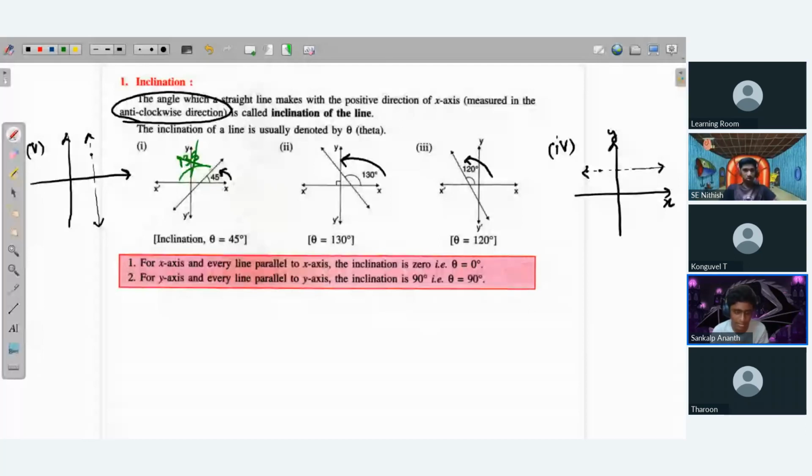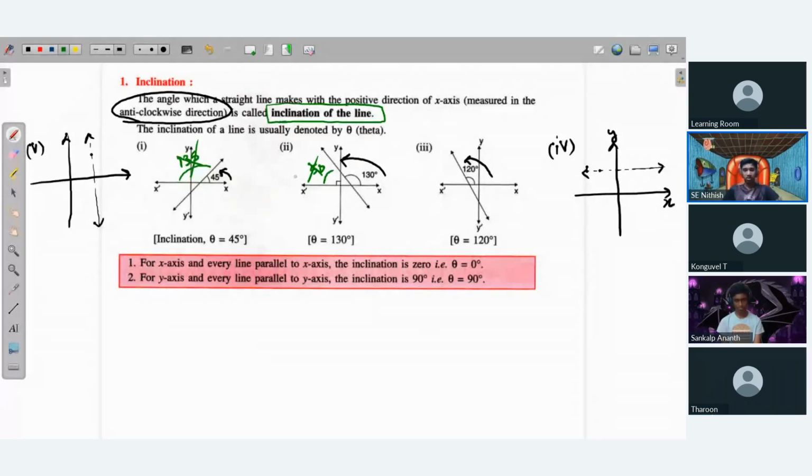Likewise, in the second part, this is also 50 degrees, but we don't take this. We take from the positive x-axis in the anti-clockwise direction. So we call that 130 degrees the inclination of the line.